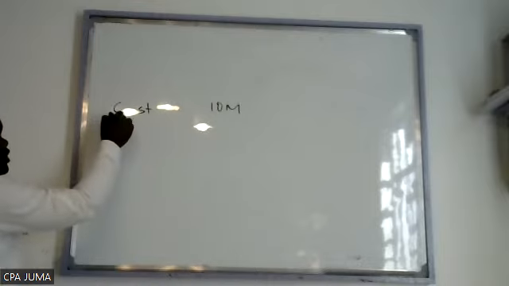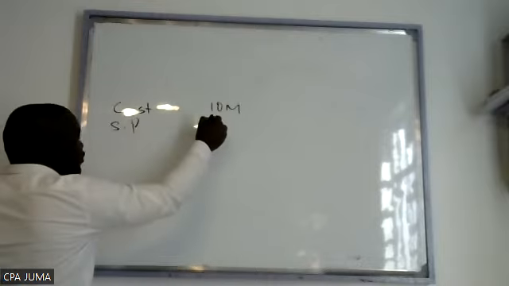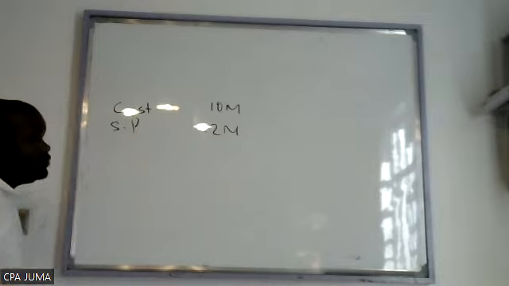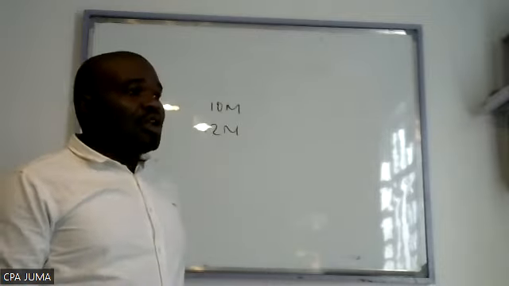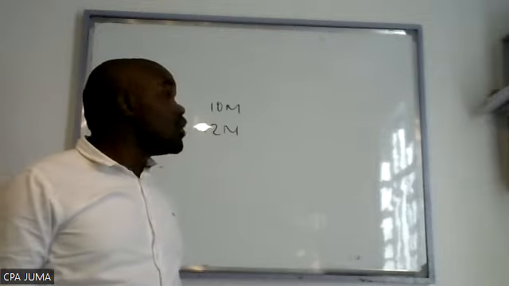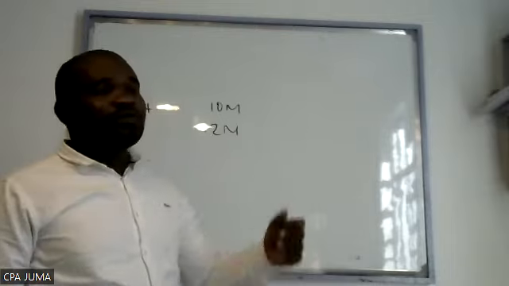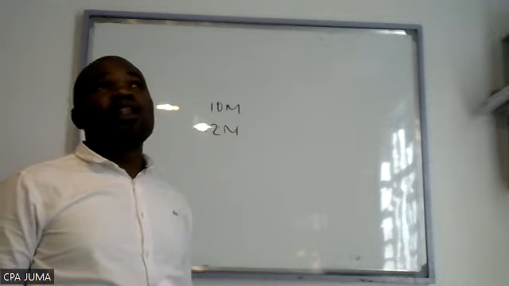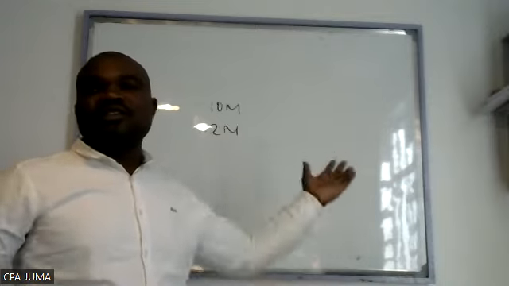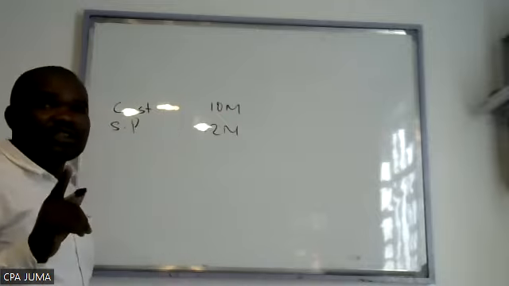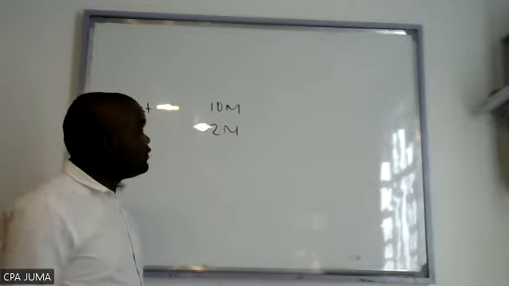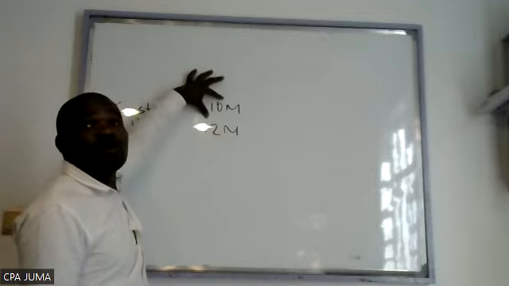With their motives, they sold it at 12 million. Then now consolidation comes. During consolidation, let's assume that depreciation was being charged at the rate of 10% per annum.